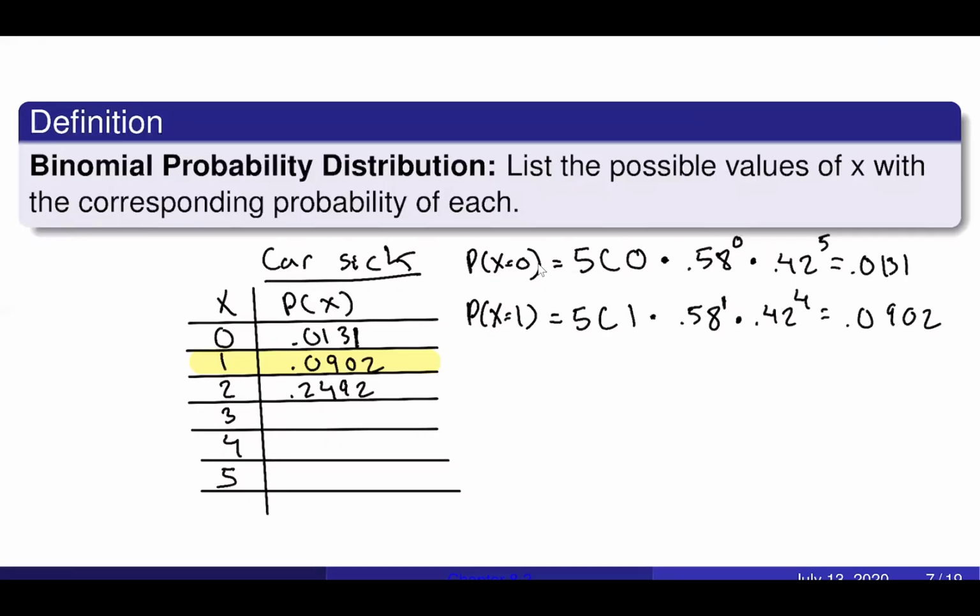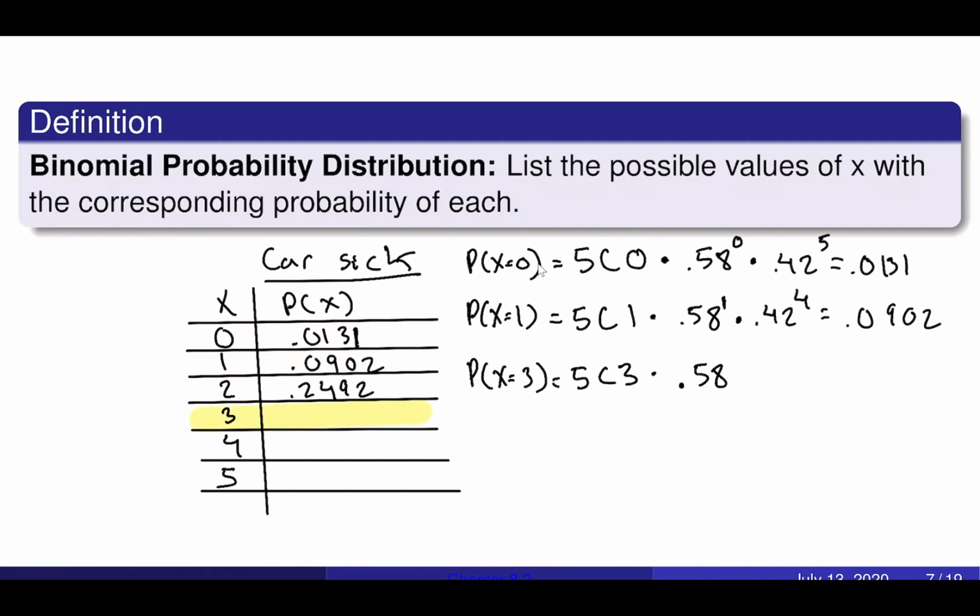All right, so we're all done with this one. We already did x is equal to 2, so now we're going to do x is equal to 3. So for the probability that x is equal to 3, we're going to say 5C3 multiplied by 0.58.